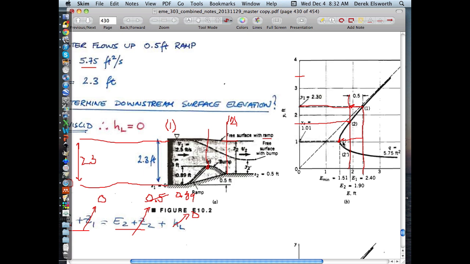And now, if it's going to get to this deeper condition, it can go either in this direction upwards, or it can also physically get to this direction downwards. Before, when we went just up the ramp, we could go from 1 to 2, and we're stuck with this new depth, which was slightly different, but it didn't allow us to get through this point here to this other point. But now we've gone down this curve, we've got to the minimum energy, the Froude number equal to 1, and as we go downstream and the depth changes, we have the option to physically get to this new point, which would be on the same trajectory as the ramp was before.